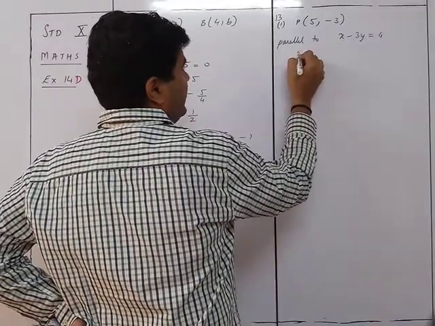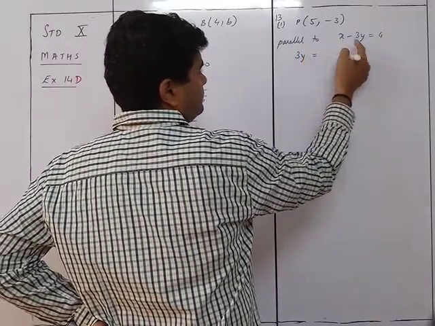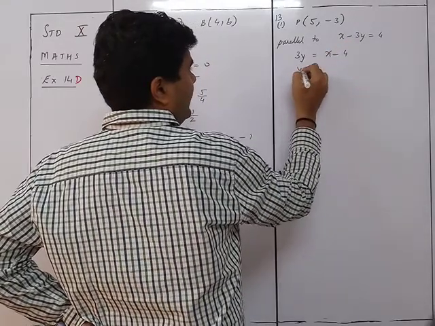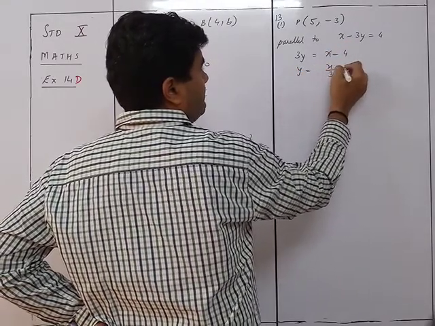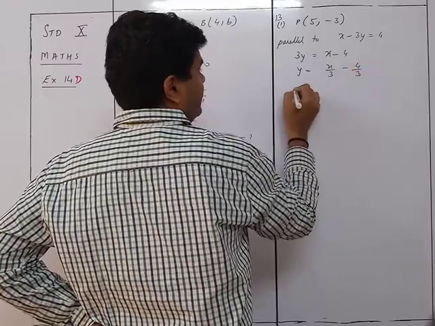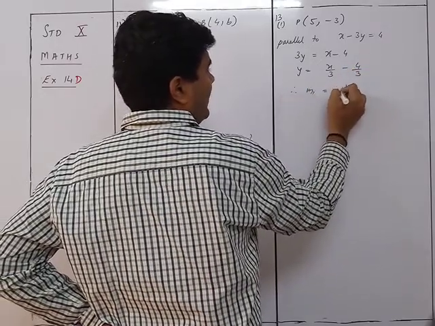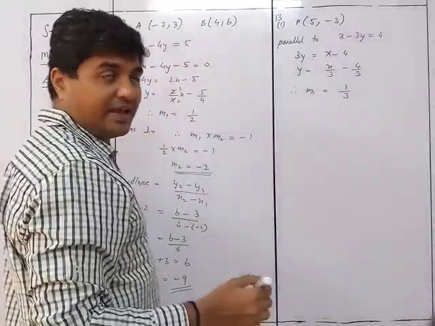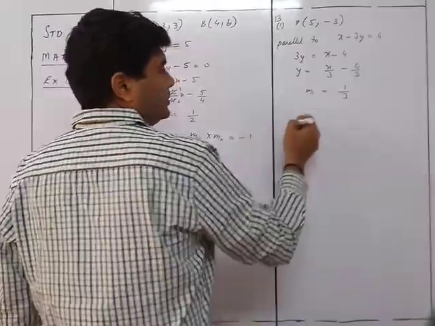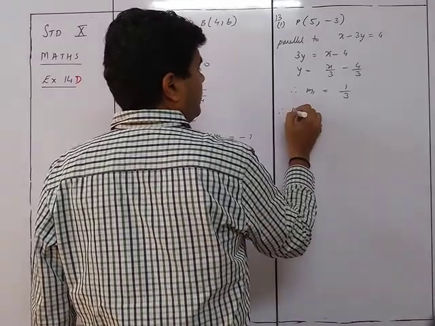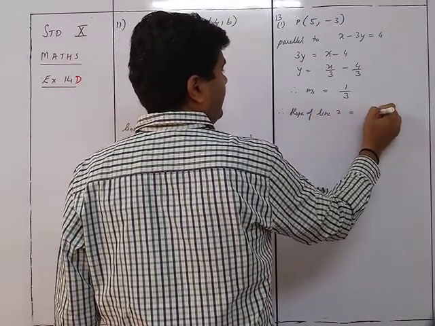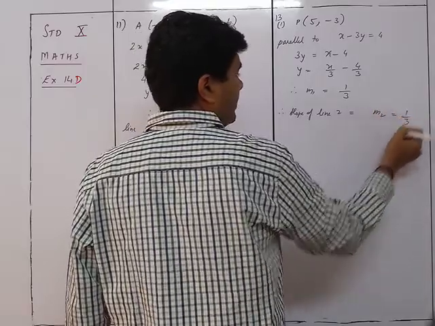So 3y is equal to x minus 4, so we get y is equal to x upon 3 minus 4 upon 3. Therefore m1 is equal to 1 upon 3. Slope of line 2, m2, is equal to 1 upon 3 because they are parallel.